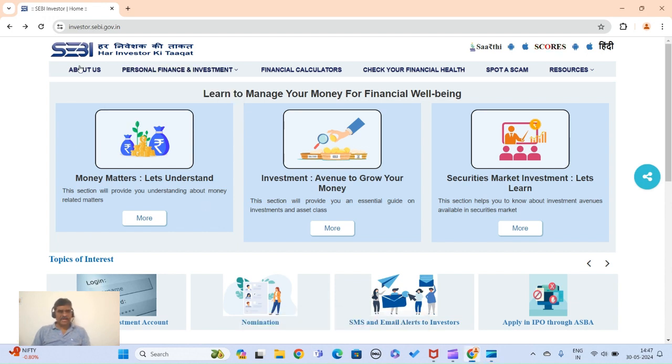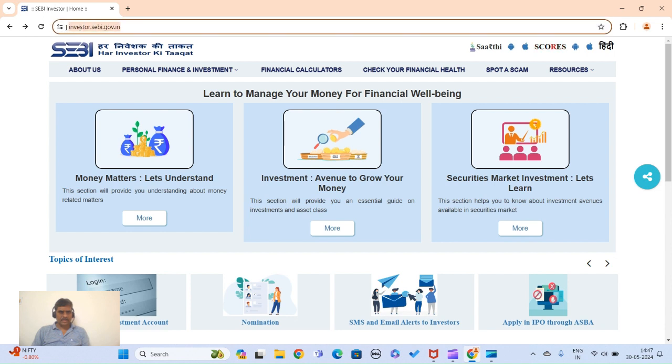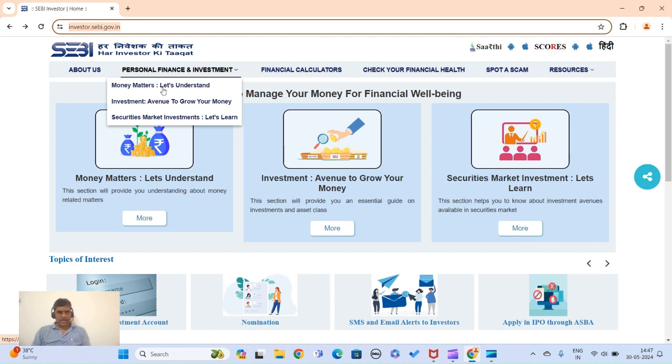So this is the website, investor.sebi.gov.in. You'll have all the details: money matters, understanding investment avenues to grow your money. SEBI, as you know, is a government body, so you'll have information which is very relevant to understand it better.